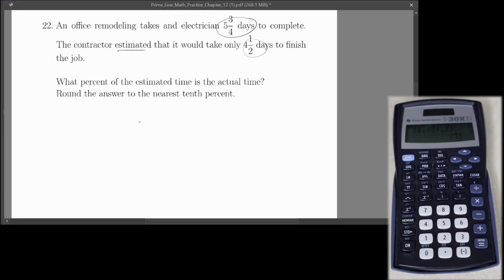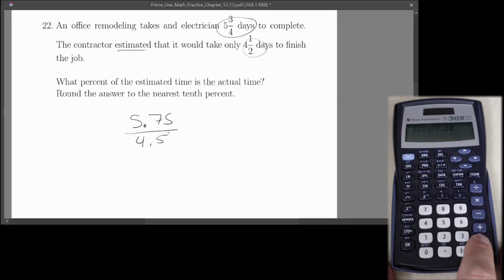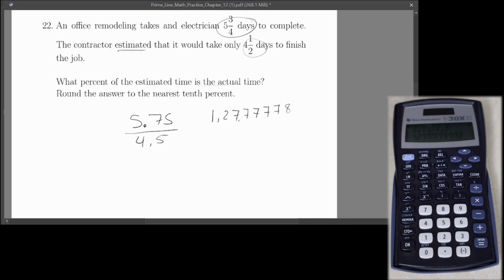So if we take the actual time, 5.75, over the estimated 4.5, you realize this is going to be larger than 1, or he's gone over 100% of the estimated time. 5.75 divided by 4.5, and we get 1.27777778.